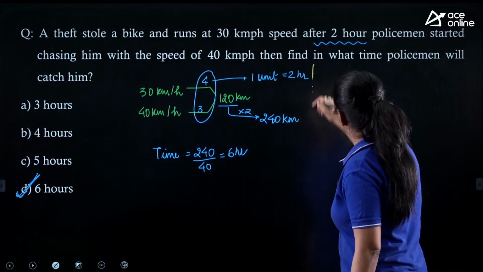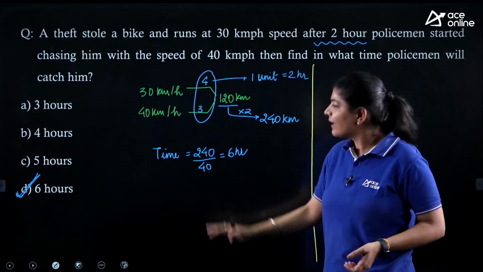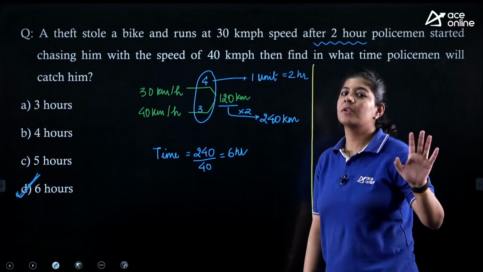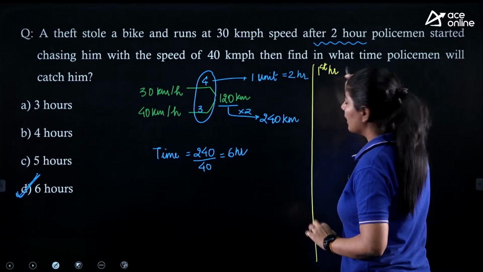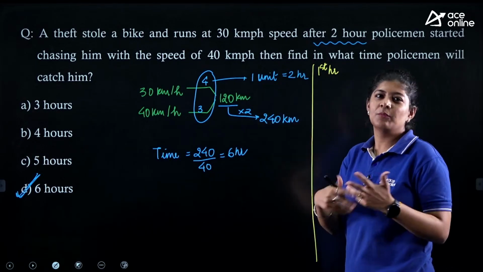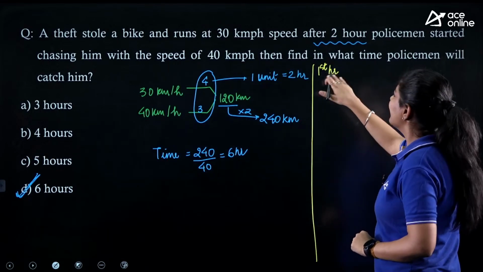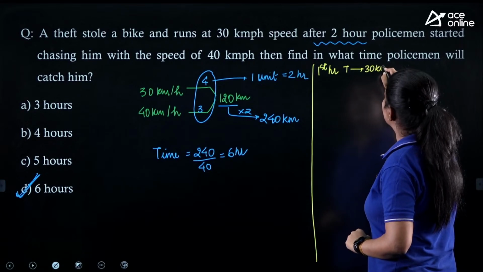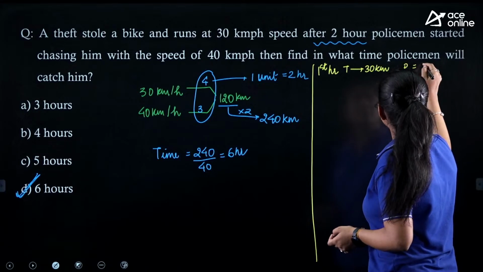Okay. So in this one, let's suppose I don't know this particular concept and I also don't want to go with the traditional approach. Now you know that with the first hour, this might take a few more seconds than this one, but ultimately you will get the answer, right? In the first hour, thief covered 30 kilometers, and the police 0.